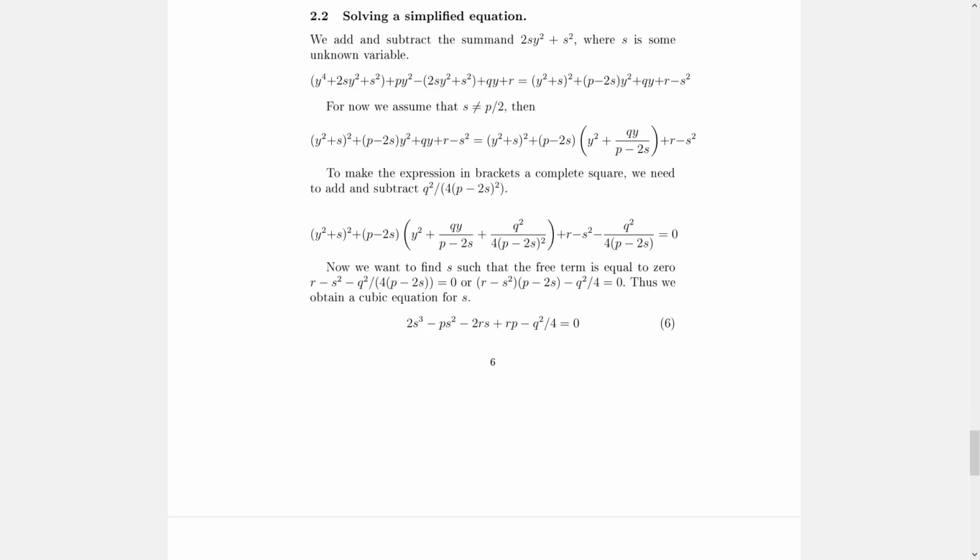Solving a simplified equation. We add and subtract the summand 2s y squared plus s squared, where s is some unknown variable.